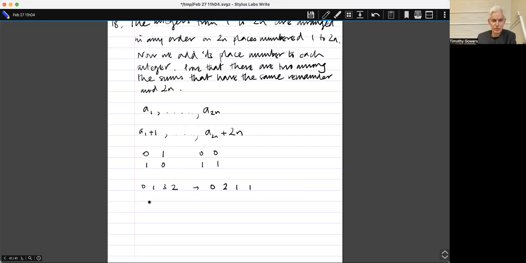So perhaps I should try to do that, because that may actually give me a clue. Can I say anything without loss of generality? Can I say without loss of generality I start with 0? I think so, because if I cyclically permute everything, then that's just going to add a constant over here.